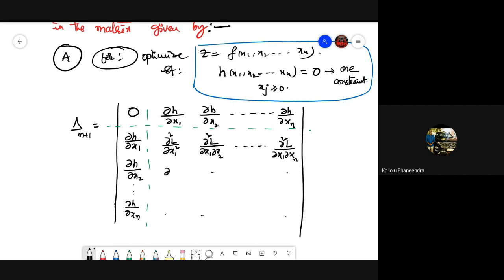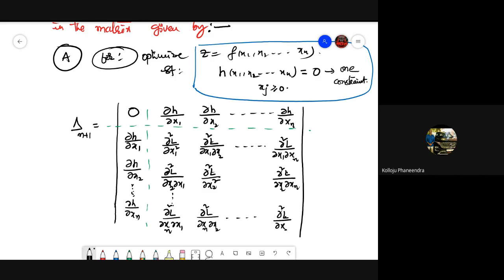Coming to this position, treating this as 2-1, that means x2, x1. This is 2-2: dou square L by dou x2 square. This is the 2n position, so x2 and xn. And lastly, this is the nth row: dou square L by dou xn x1, dou square L by dou xn x2, and so on, dou square L by dou xn square.